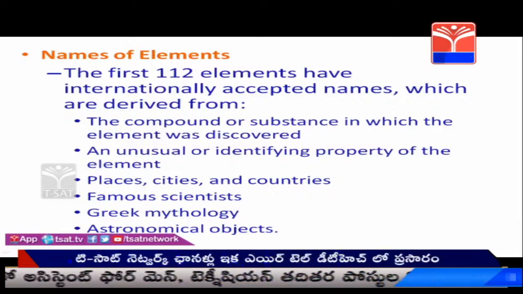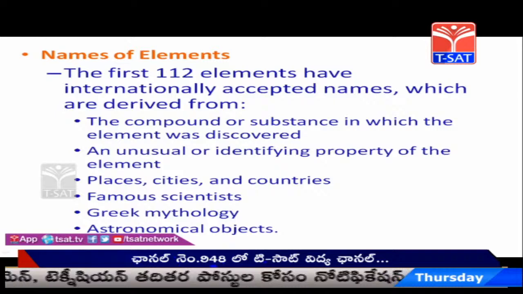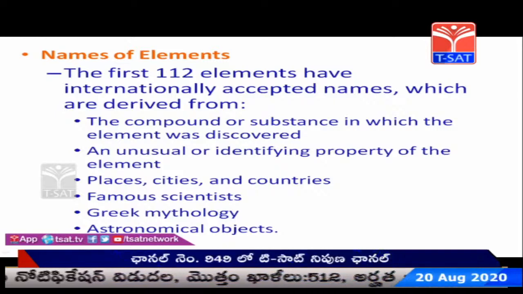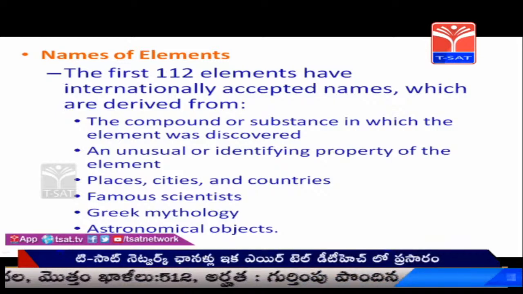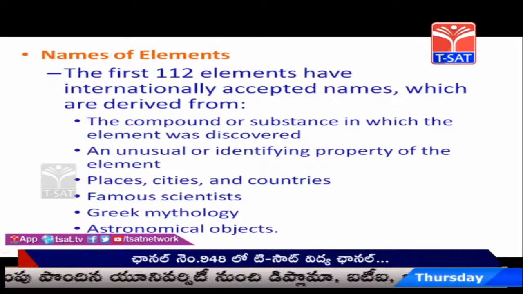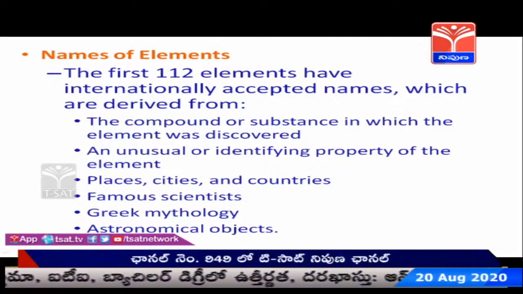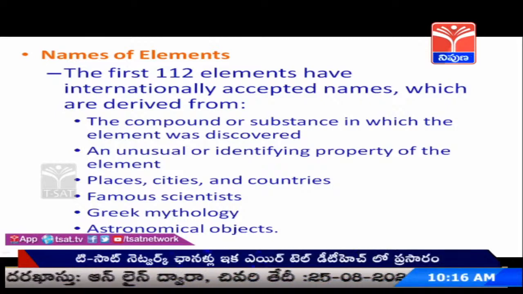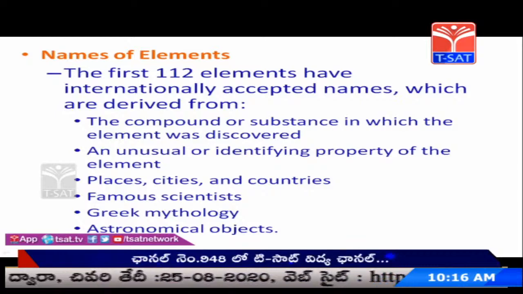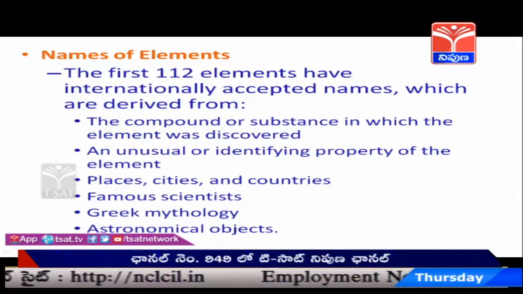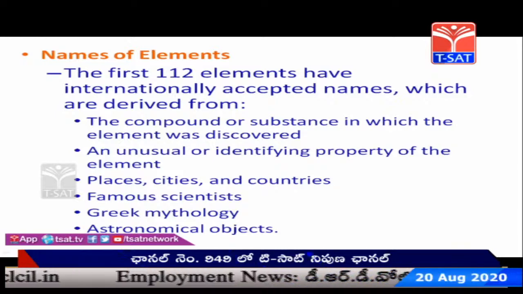As we discussed earlier, there are 112 elements which are known so far, and 2 more elements are there, but we do not know the physical and chemical properties thoroughly. That is why we deal with 112 elements. The compound or substance in which the element was discovered.